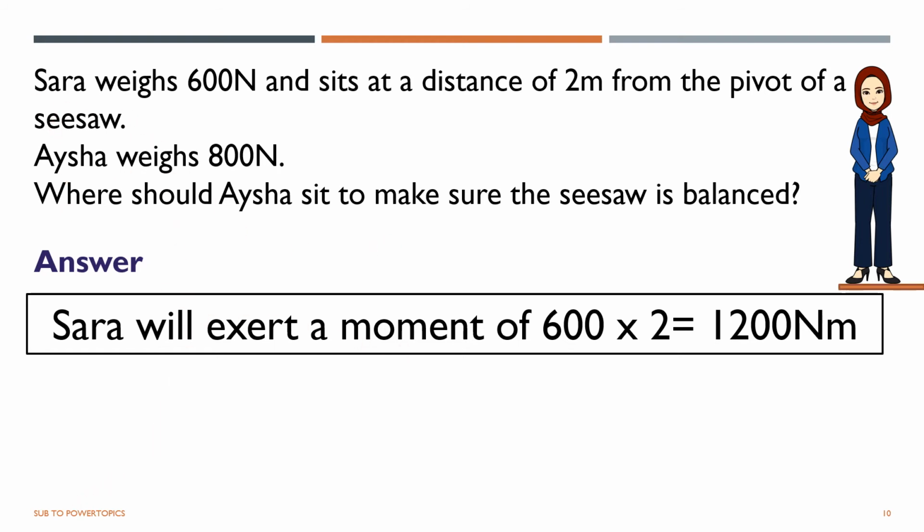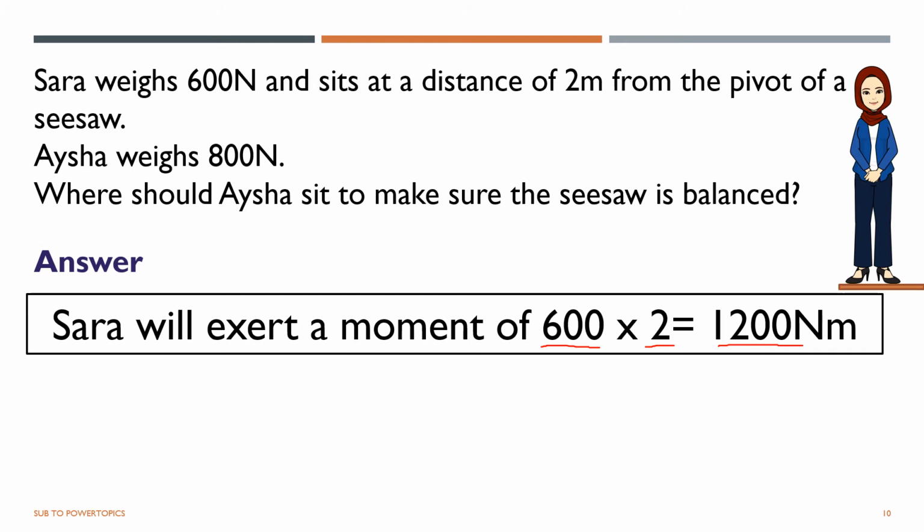So as you know, we need to multiply the force by the distance to get the moment. So in order for the seesaw to be balanced, the moment on the other side must also be 1200 Newton meter.